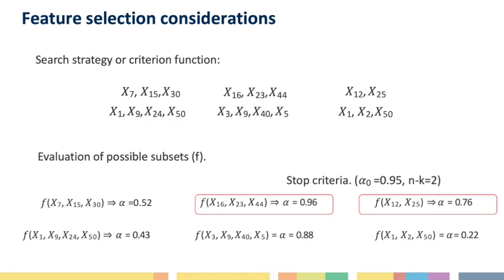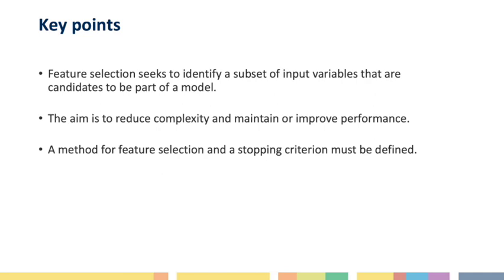And in the end, if we establish a stop criterion like 0.95, then we can say we're going to keep the solution that, among the possible subsets, reached 0.95 or over. Or we can also say that the maximum that we want is 2 variables. So with 2 variables, we reach 0.76. These are the 2 different ways, and the researcher decides which one to use.